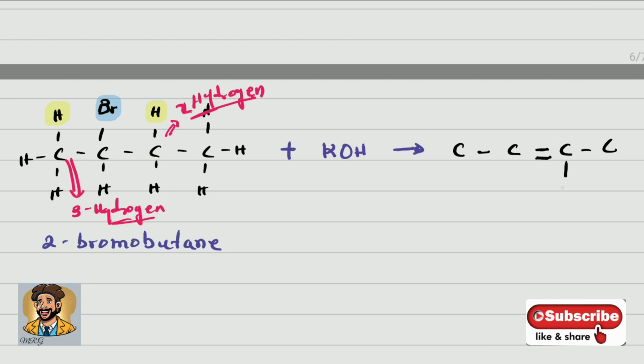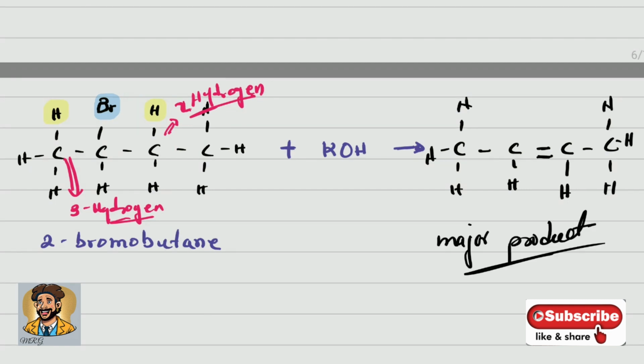This carbon will now have only 1 hydrogen here, and this one will have the hydrogen, and this is the major product. The name for this major product will be butene. This is the major product.